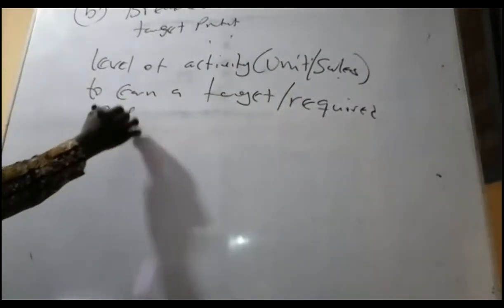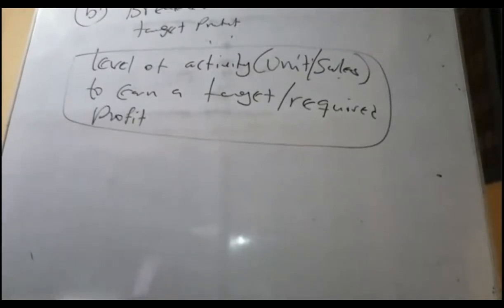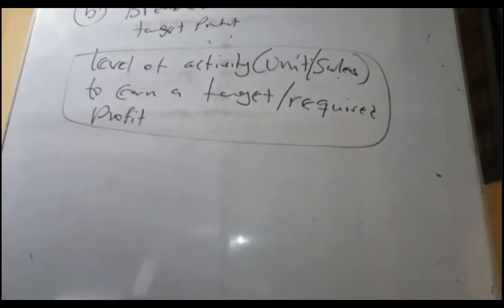This is how the examiner will put the question. So determine the level of units or sales to earn a target or a required profit of, then you put it there. That's all. So let's update this particular question that we are solving.